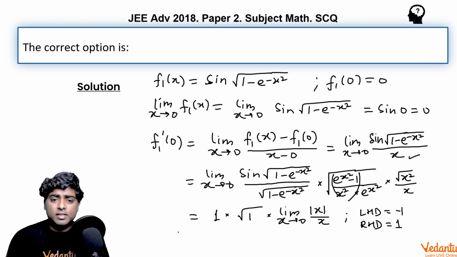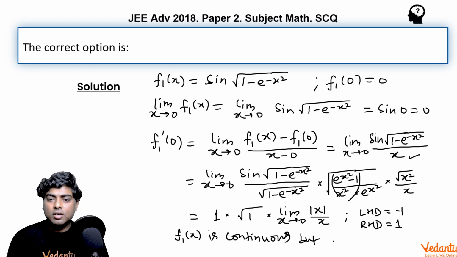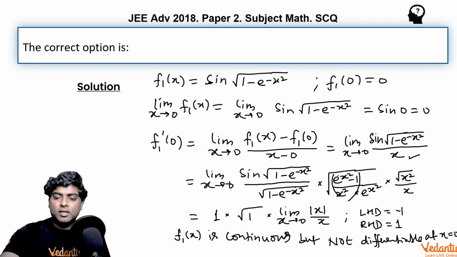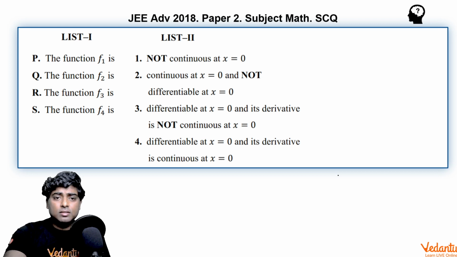So here we can say that the function f1(x) was continuous, there is no issue with continuity, but is not differentiable at x equal to 0, isn't it? So here we can see option continuous but not differentiable, so P goes with 2, right?